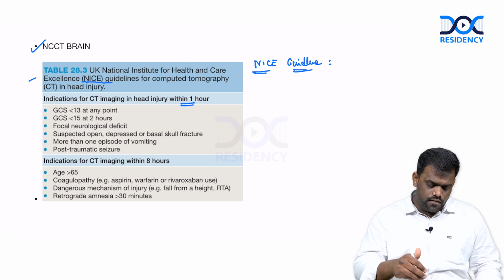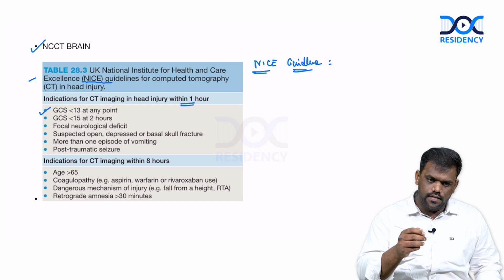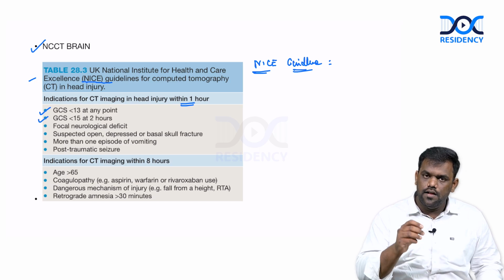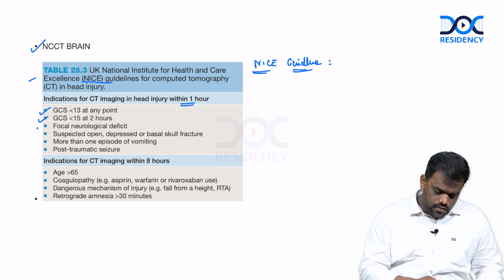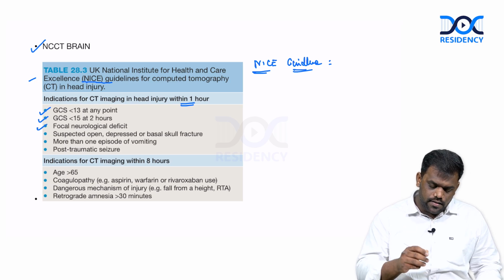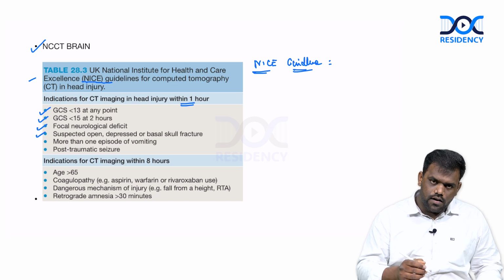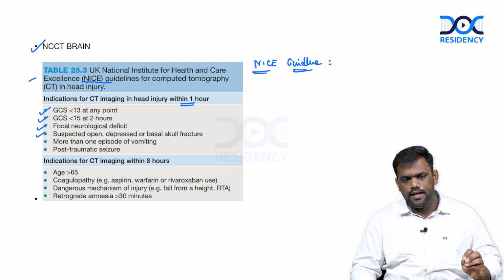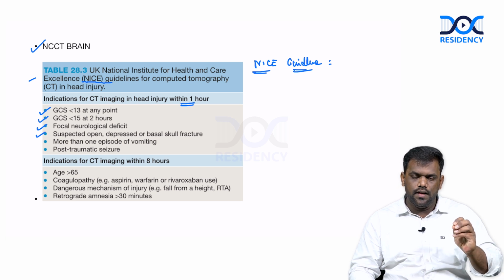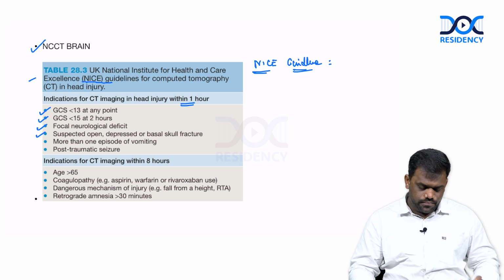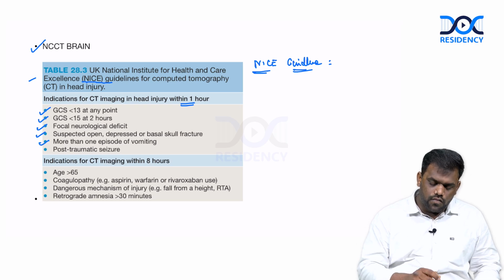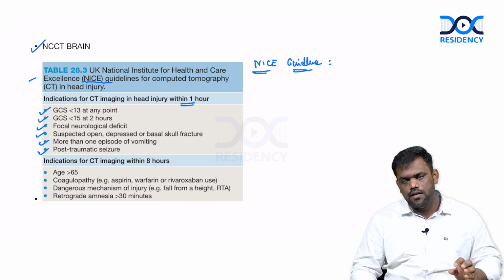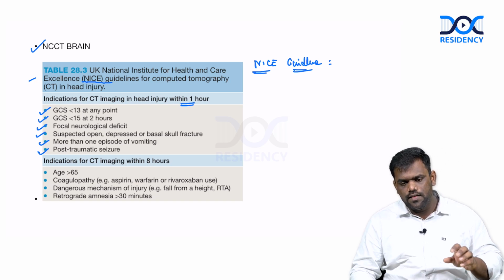The indications are: GCS less than 13 at any point, or GCS less than 15 at 2 hours; focal neurological deficit; suspected open, depressed or basal skull fractures; more than 1 episode of vomiting; and post-traumatic seizure. In these cases you have to take the CT brain immediately, within 1 hour of presentation.